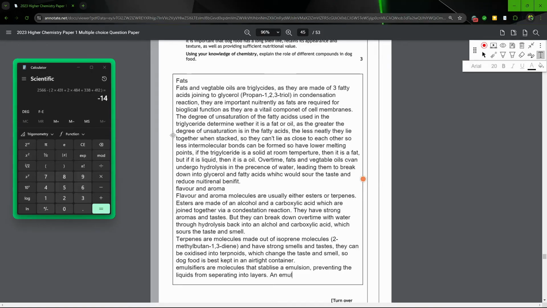An emulsion is a liquid dispersed through another in droplets, and they are immiscible, which means they cannot mix.